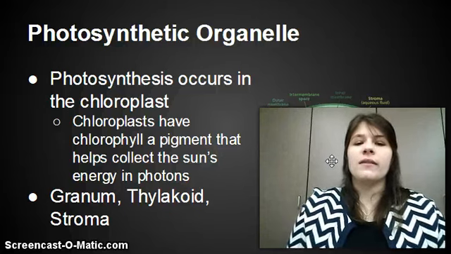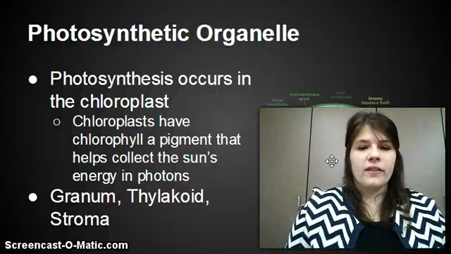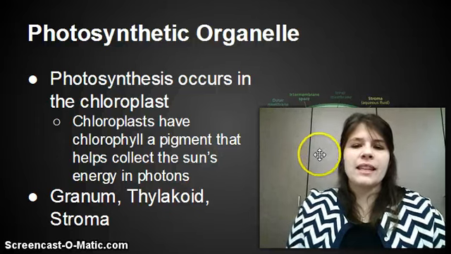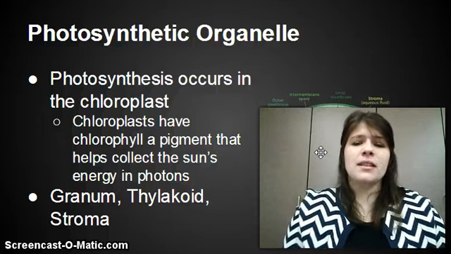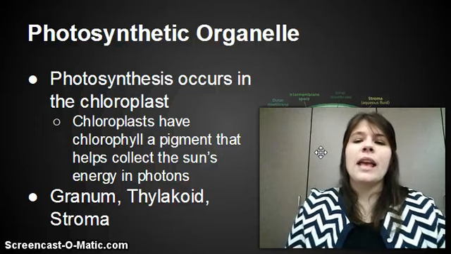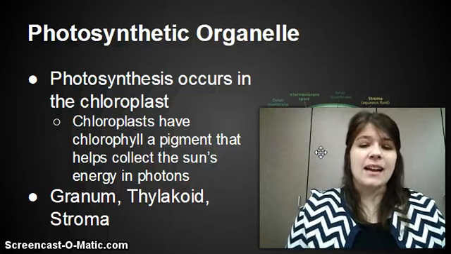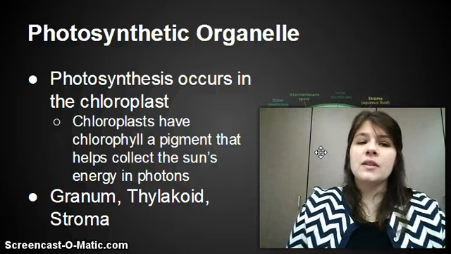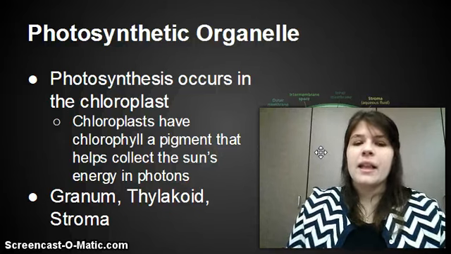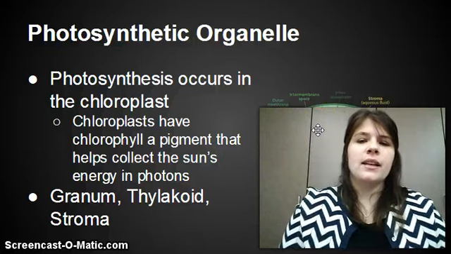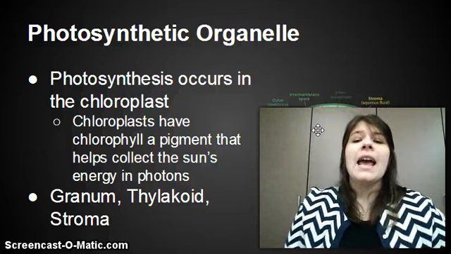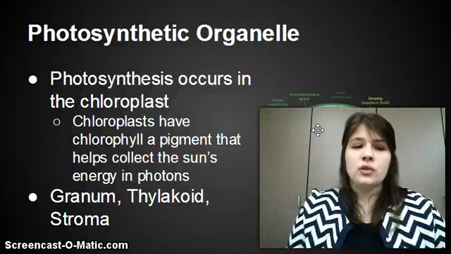Thylakoid is where we're going to find the chlorophyll. So chlorophyll is within these little stacks, and that's going to help us absorb our light. Then we have a stack of that thylakoid, and that's going to be known as a granum. And all around this, it's in this aqueous fluid, water-like fluid, and that is going to be your stroma.